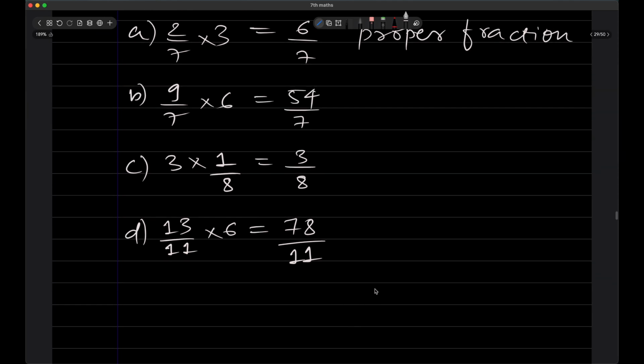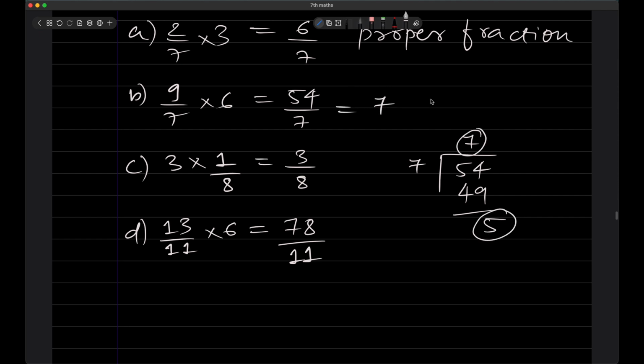To convert an improper fraction into a mixed fraction, we have to divide the numerator by the denominator, and this gives 7 whole, remainder is 5 and the denominator as it is.